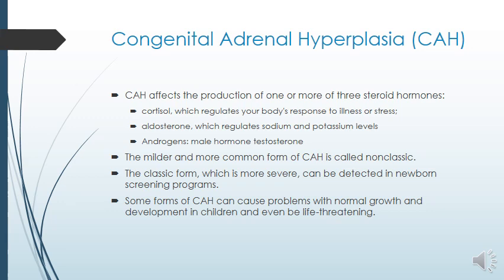In many cases, congenital adrenal hyperplasia results in lack of cortisol and overproduction of androgens. The milder and more common form of CAH is called non-classic. The classic form, which is more severe, can be detected in newborn screening programs. Some forms of CAH can cause problems with normal growth and development in children and even be life-threatening.